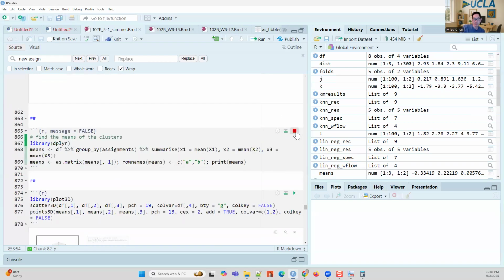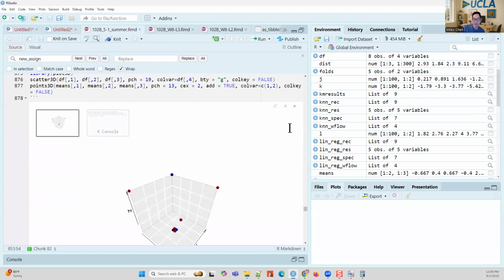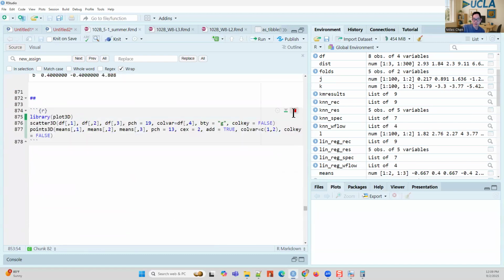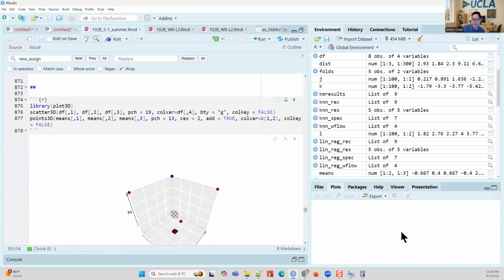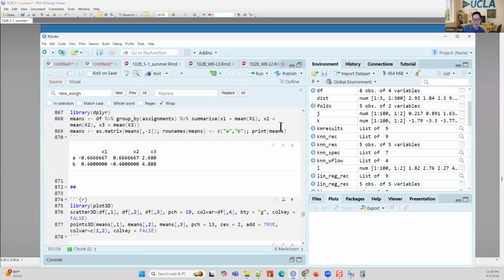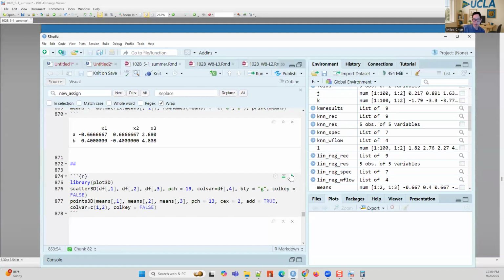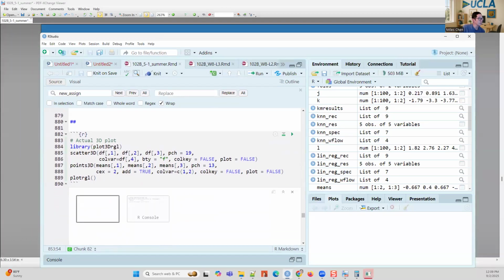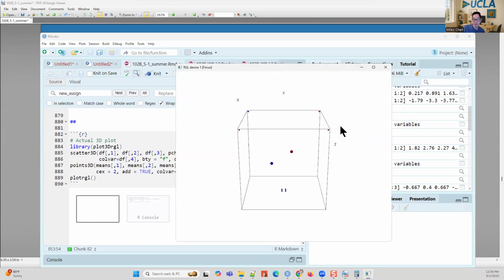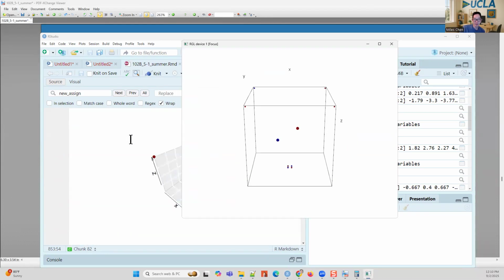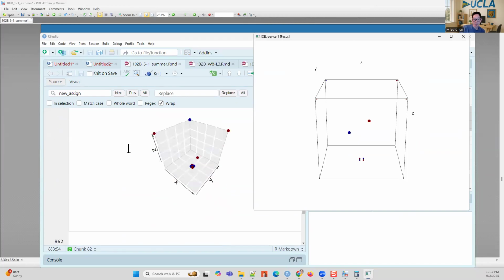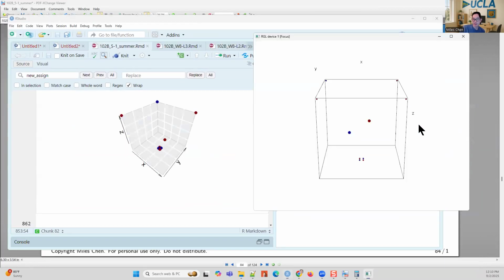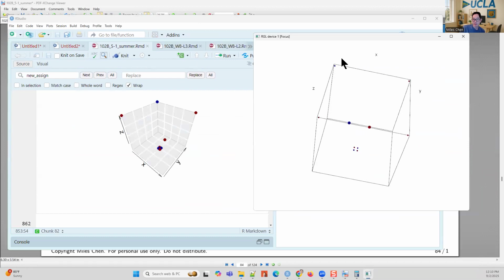Let me see if I can plot this here. All right, so this is a representation of our points. I don't know if you guys can see this.